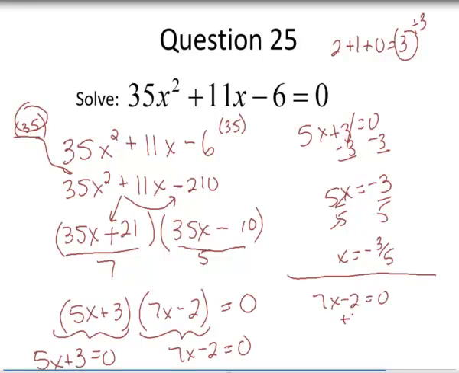We're going to add 2 to both sides. So we get that 7x equals 2. Finally divide by 7. So we get that x equals 2 over 7. So we have two answers. x equals 2 over 7. x equals negative 3 over 5.